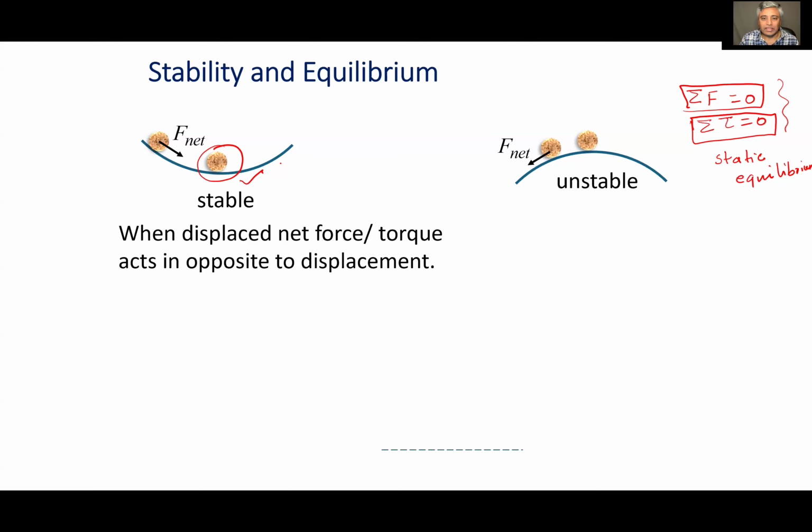So we call that stable equilibrium. So now, what is unstable equilibrium? For example, you may be able to make this stay there at that point if you are very careful, just like you can make this thing stand if you are very careful, okay? But this, if slightly displaced, is not going to come back and stay there.